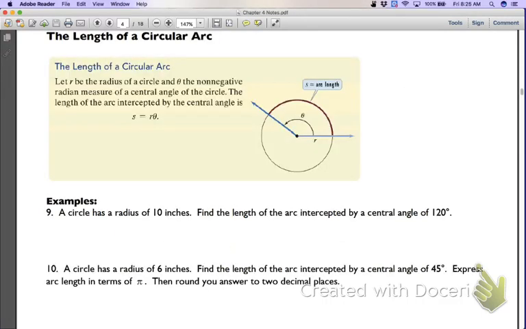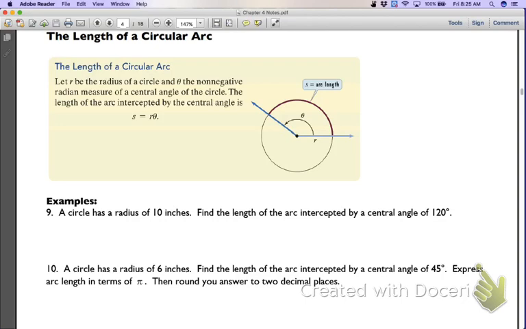So then the last part deals with the length of a circular arc. It's the opposite of what we had before. So yesterday, whenever we found the radians, we're going to let r be the radius of the circle and theta be the non-negative radian measure of the central angle of a circle.